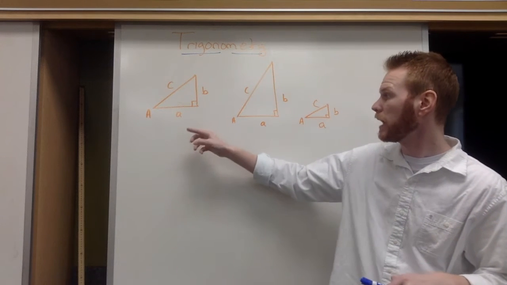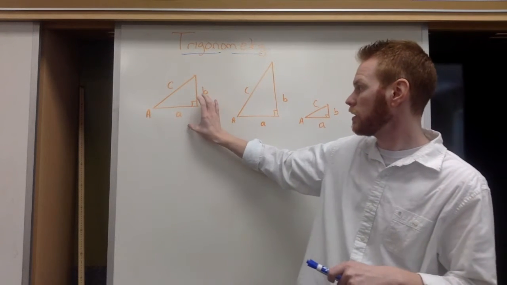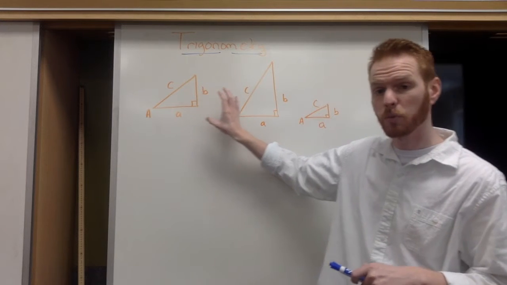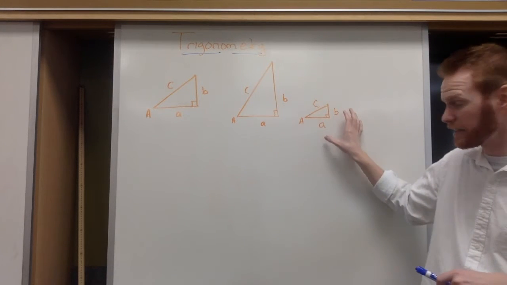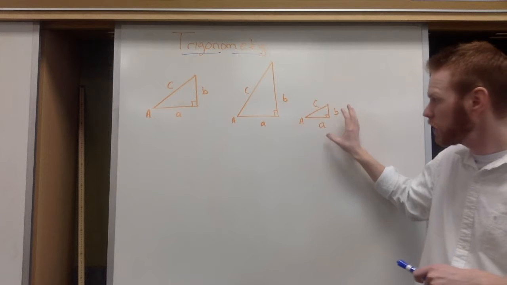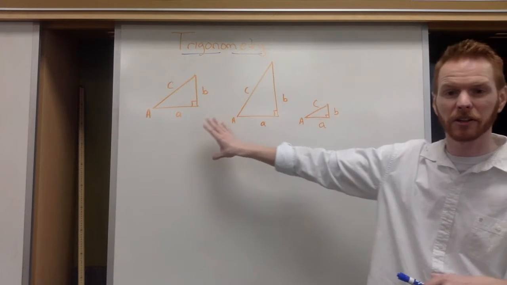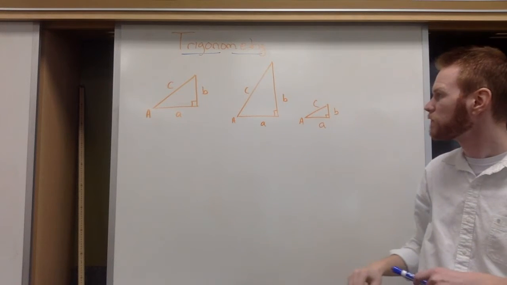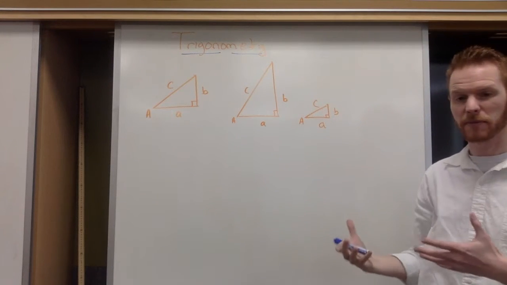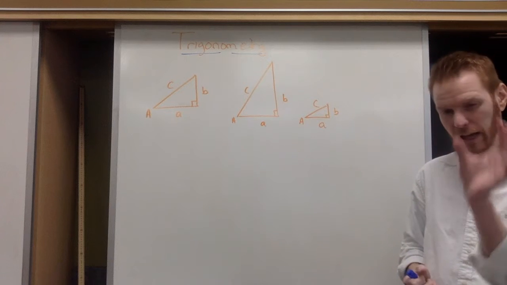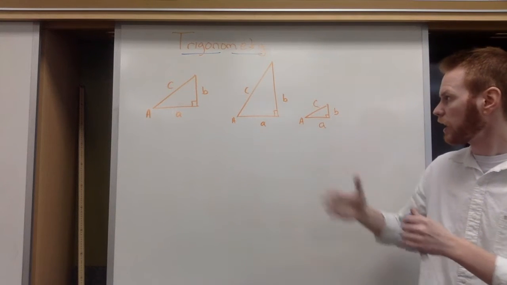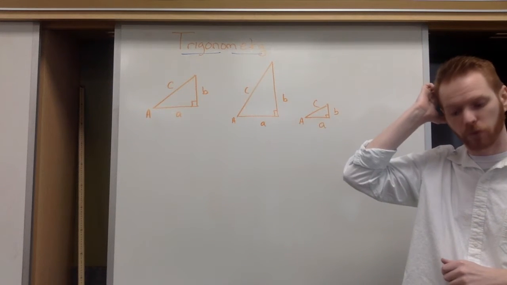So we can compare side lengths a and b here with side lengths a and b over here and down to here. Notice how these are right triangles, and we could talk about similarities here too, which we'll do in the future. So I can see just from observation that there's some connection between an angle and its side lengths, and I can make some comparisons.